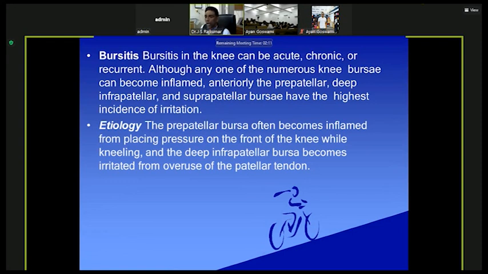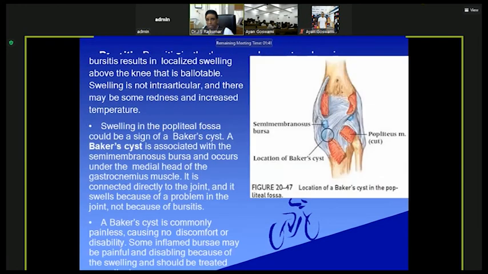You will get infrapatellar bursitis, or sometimes lower part prepatellar bursitis. Whereas a housemaid is completely on her hands and knees. Then it's the upper part that gets involved, like the suprapatellar bursa, and that's known as housemaid's knee. So the etiology is simply that housemaids or clergymen who are kneeling put pressure on that area and develop bursitis.